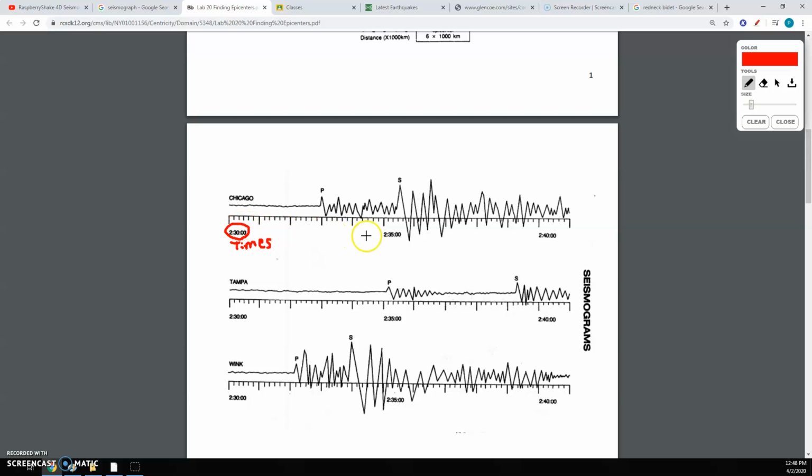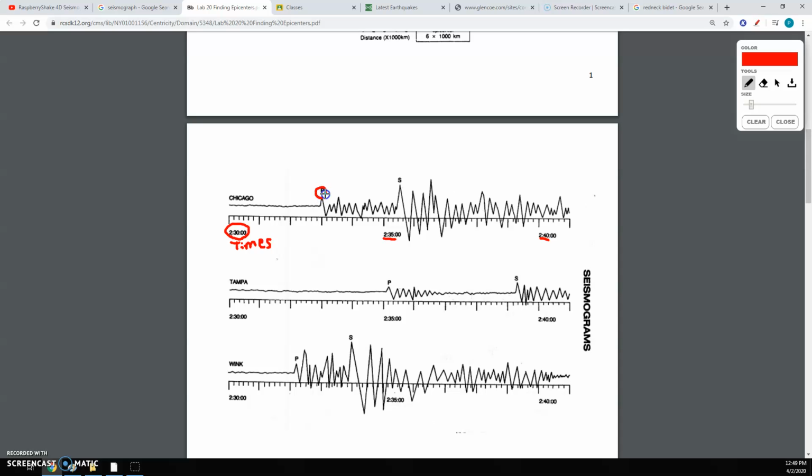So that's so we can tell when the earthquake happened. Here's 2 hours and 30 minutes. Here's 2 hours and 35 minutes. Here's 2 hours and 40 minutes. And then these squiggles represent the earthquake waves.